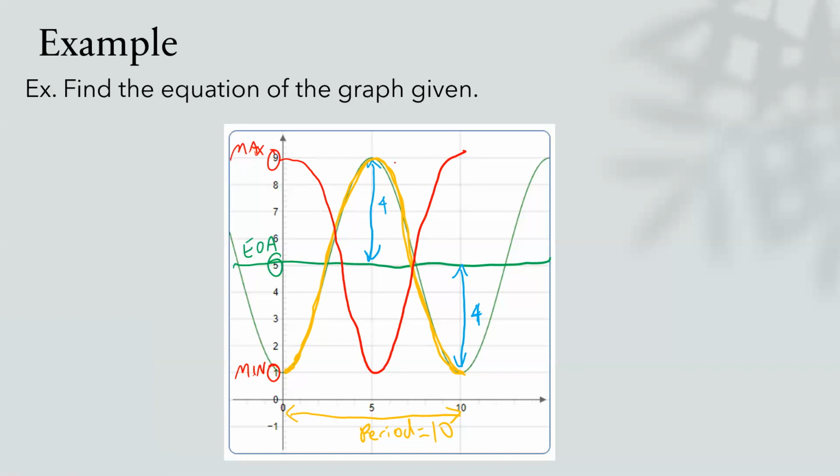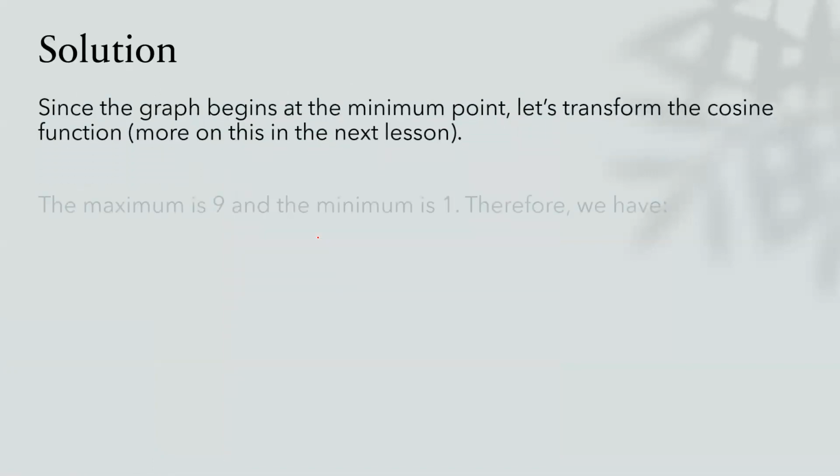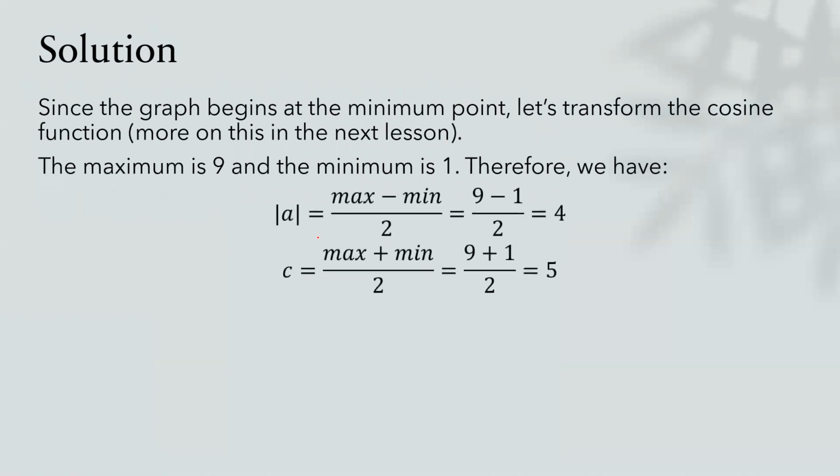Notice that this orange cycle here is doing the opposite. It's going from the minimum to the max to the minimum. So because it's going in a different order than we would expect, it's a reflection on the x-axis, right? So technically, it would make sense to transform the cosine function, but you want to note that there is a reflection on the x-axis.